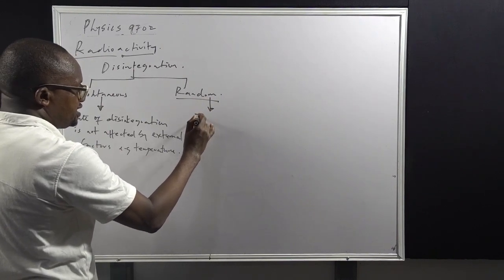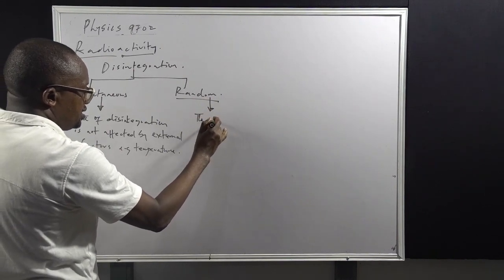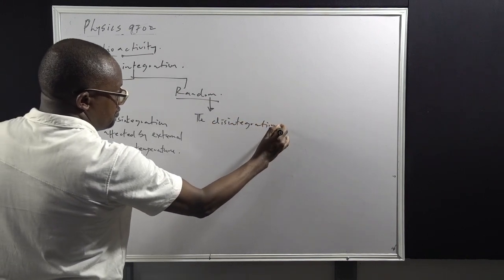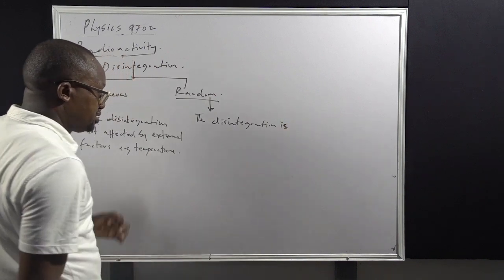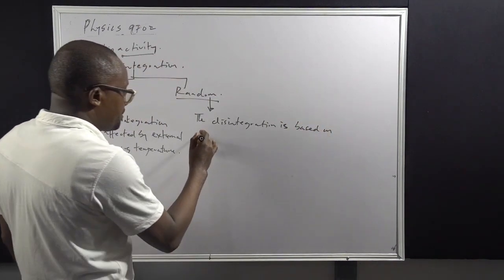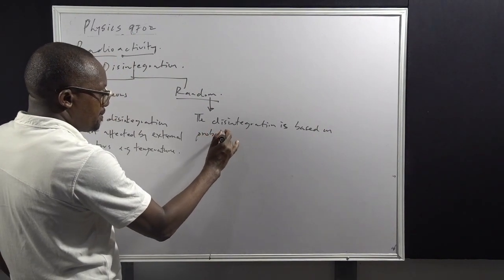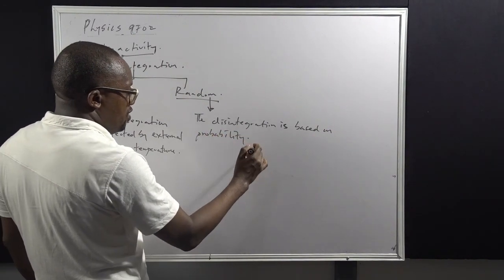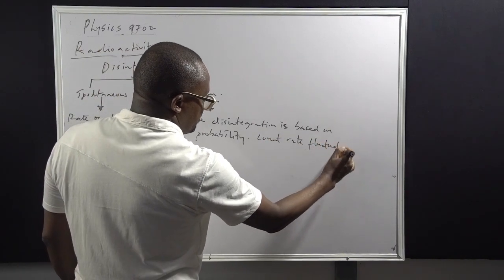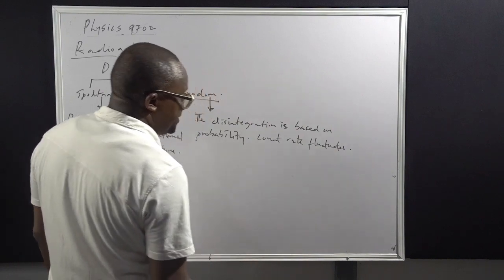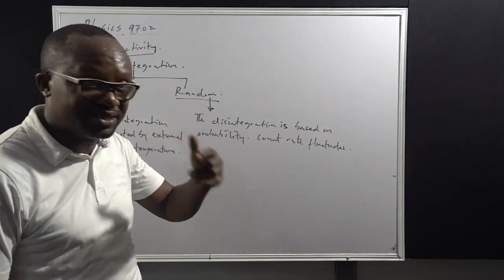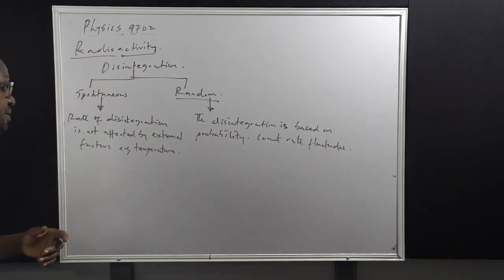Because the disintegration is based on probability, or we can say the count rate fluctuates. So here, you can't predict the nucleus that will disintegrate next. It is based on probability.